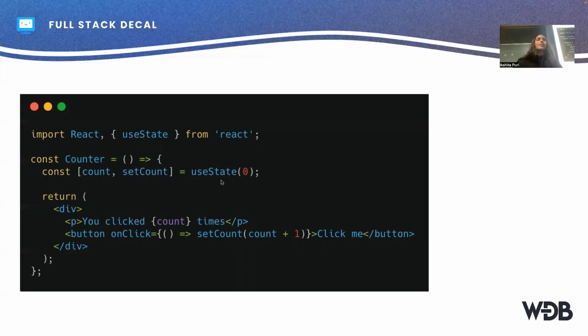The purpose of use state is that when it changes, it re-renders. If I created a local variable, then my component wouldn't re-render, so the variable here would not be updated. But since I'm using use state, it's going to be updated to the new value which was set here.